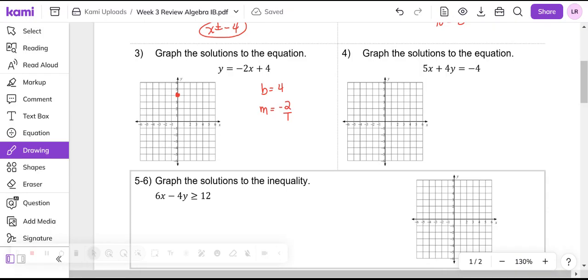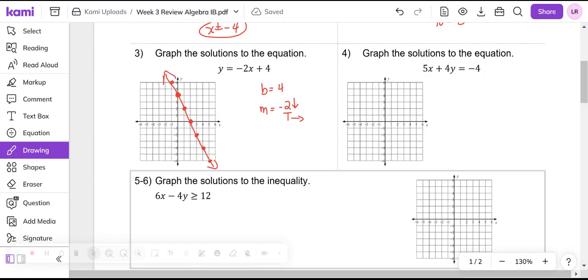Now it's a negative, so we're going down to the right 1. And I got to start from this point. So down 2, right 1. And I make a point. Down 2, right 1. And I continue to follow that pattern. And it creates my line. It's an equal sign, so all I gotta do is just draw my line.